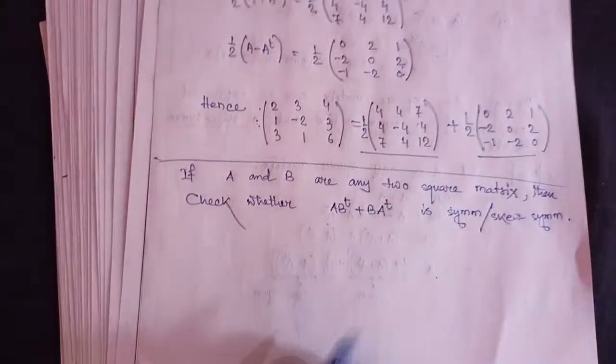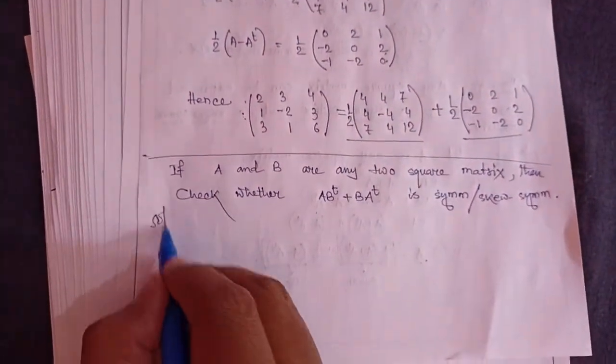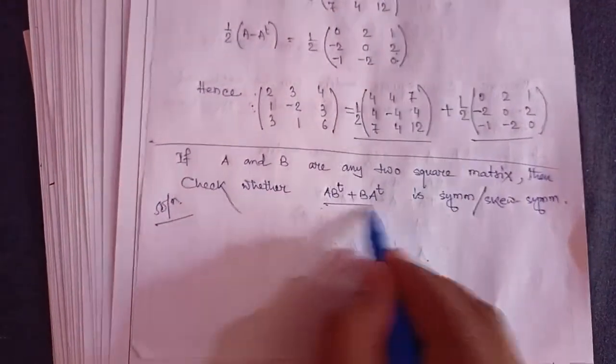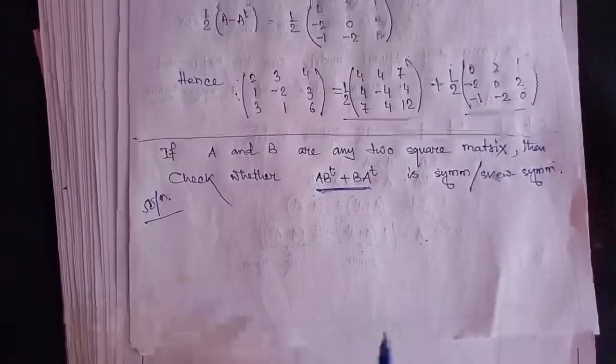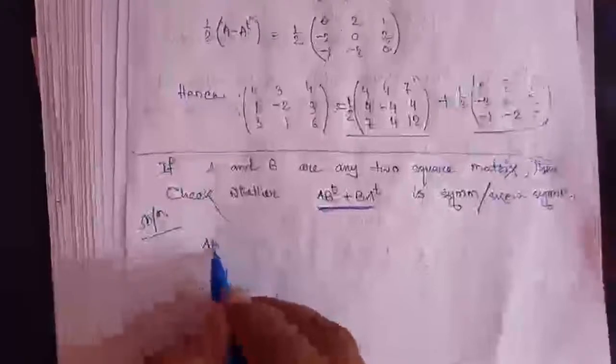So how to check? Simple, same. A and B are any two matrices. We have to check whether this matrix is symmetric or skew-symmetric, so we take the transpose and check accordingly.